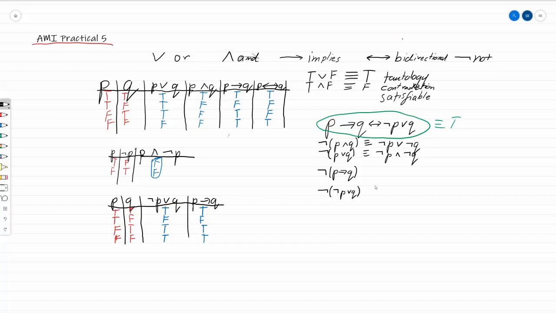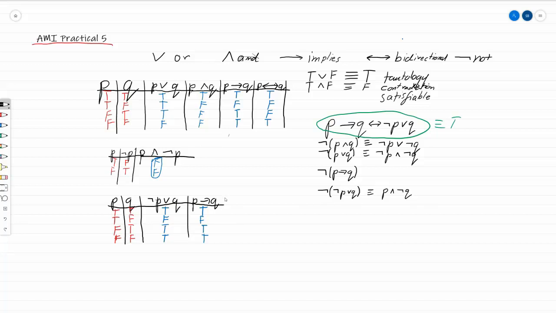Not on a not is basically just removed. So when we apply this to our first element here, not P goes back to being P. Onto our OR, we know how to work with that. Our OR is an and not Q. We just apply it directly to that one. So our not P implies Q turns into P and not Q.